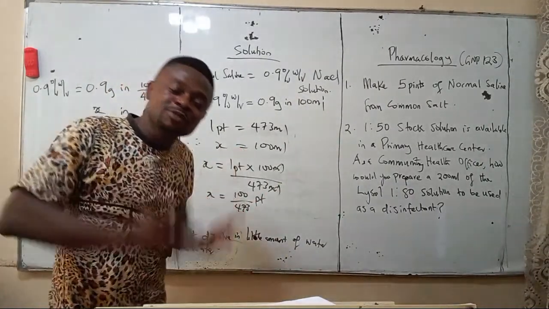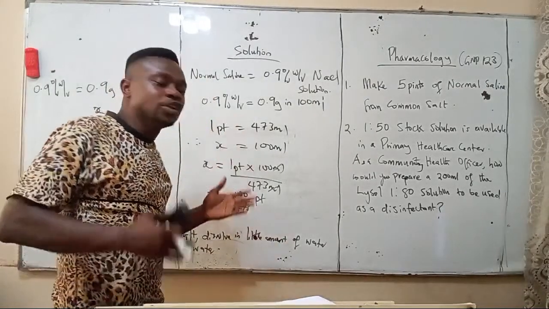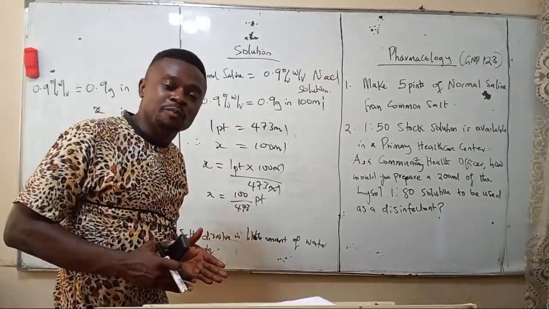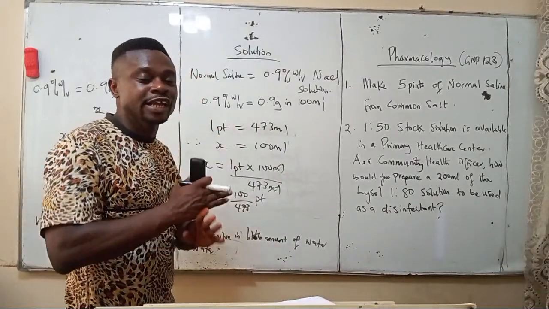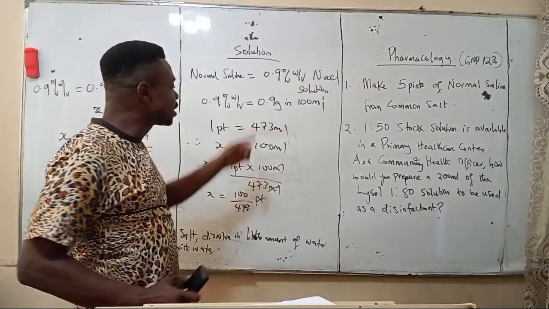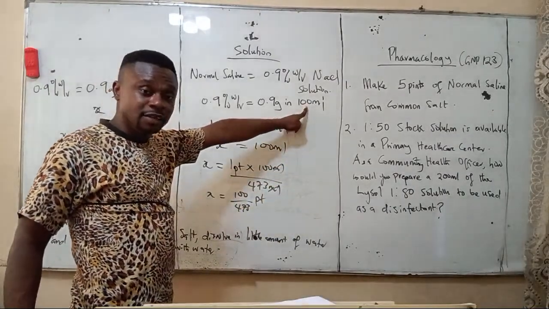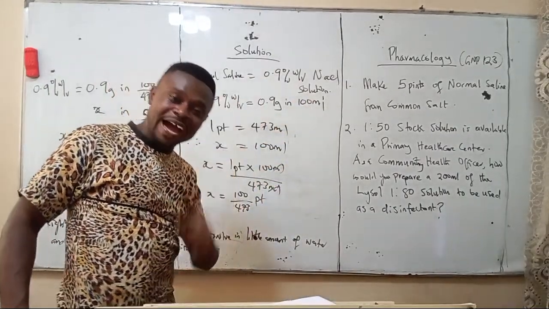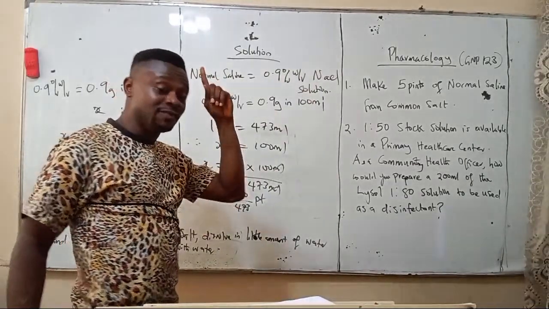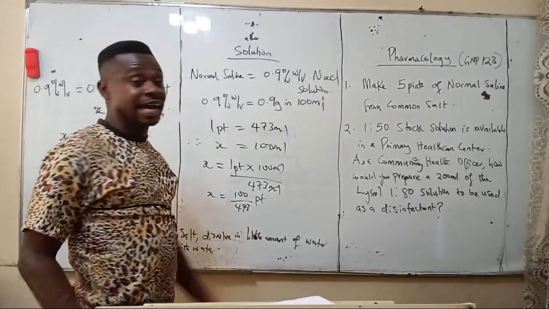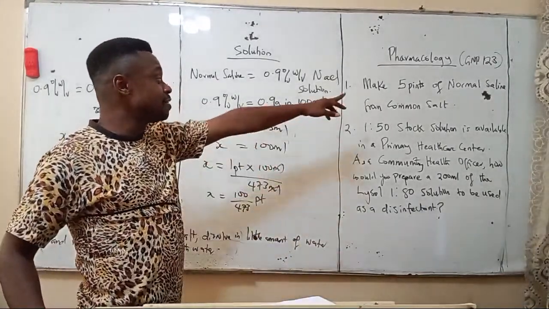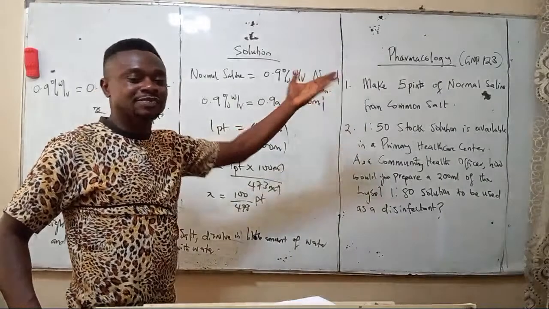They must be in the same unit before you can do anything with them. So you either move ml to pints or you move pint to ml. In the first one, I moved pint to ml, and I have that 5 pints is 5 times 473 ml.